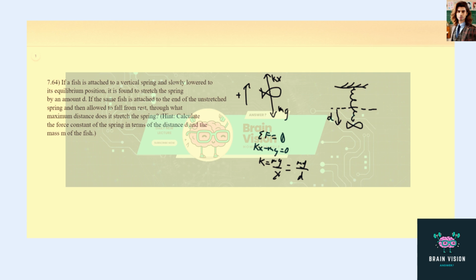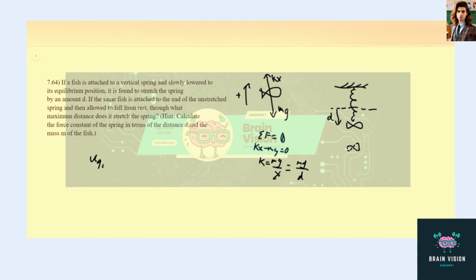Okay, so now we have to write down our conservation of energy formula for that release from rest and see how far it falls. So we have potential energy, which is going to be released, and it's all going to come down to some bottom here. That's the fish, and it's going to have zero velocity there when it's at a stopping point, and then it will start to go back up.